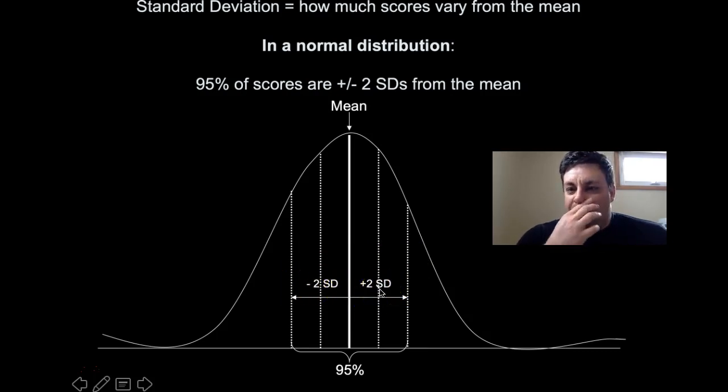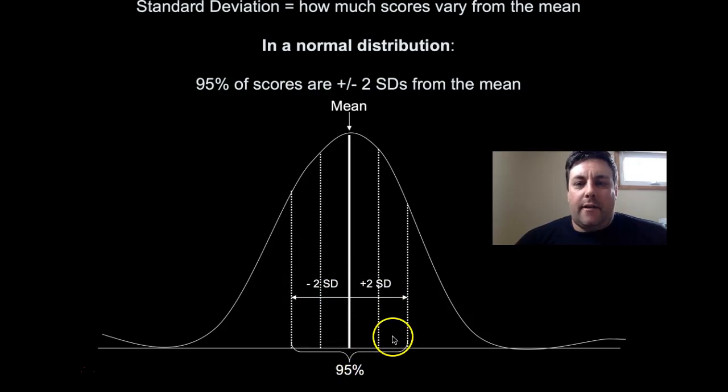So if we had some normally distributed variable, let's say something like height. If we had a huge sample of people, say 10,000 people, and we were able to get all of their heights, we would probably get a normal distribution. And then if we were to pick another person at random, there's a 95% chance their height is going to be within 2 standard deviations of the mean.